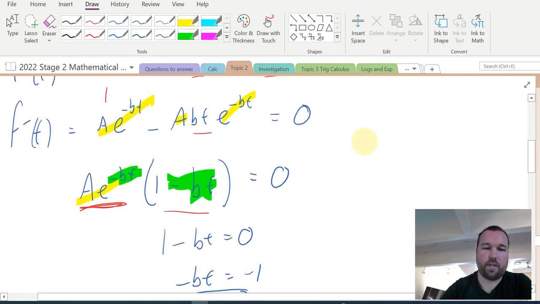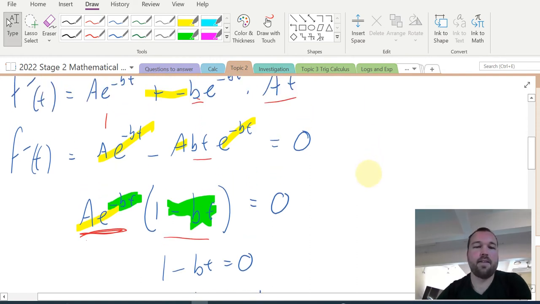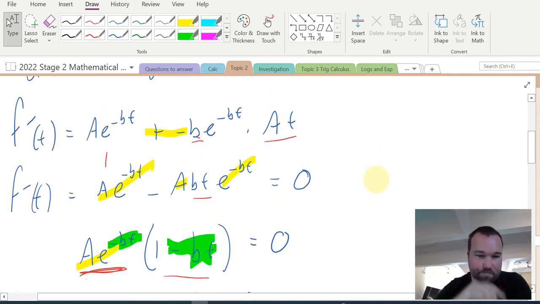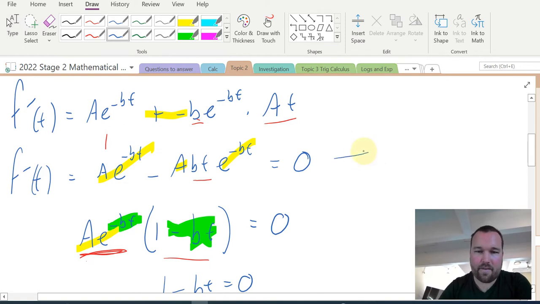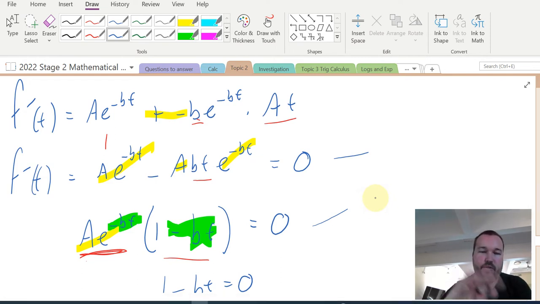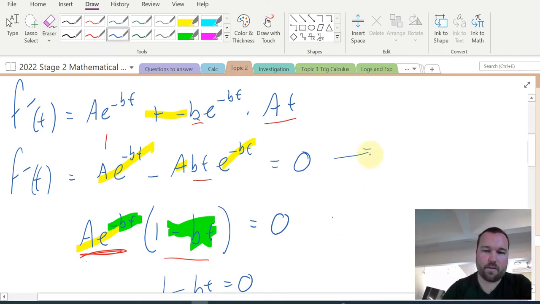A good place to start is either here or here, because both of those are the first derivative. So to find the second derivative, we take the first derivative and differentiate again. I would probably go with this one. It won't actually matter in the end.